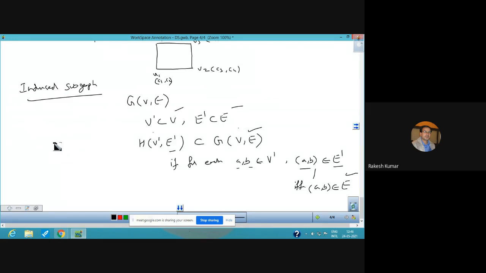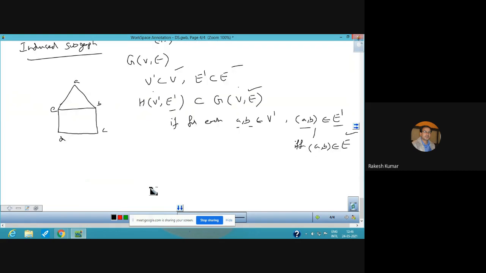So you can easily give the example. Suppose we have this graph here. The vertices are A, B, C, D, E. Now just see, if we delete two edges, suppose I delete this edge and this edge here, you will have this graph left here.